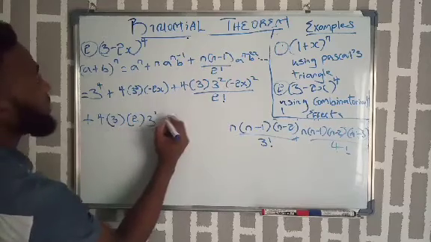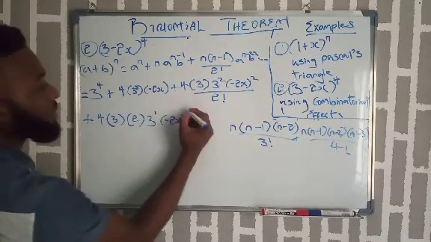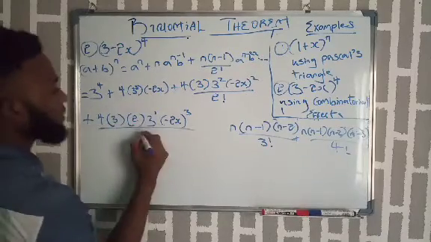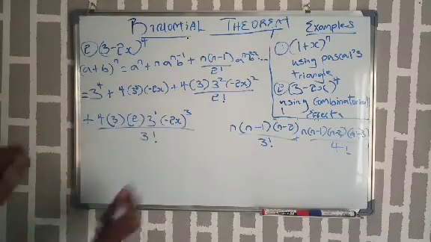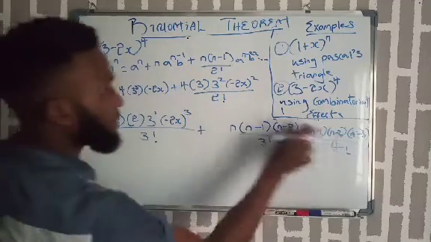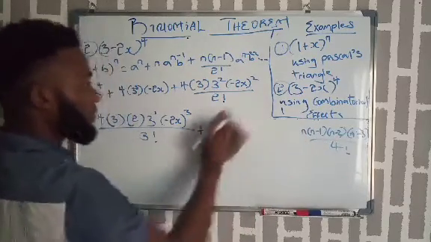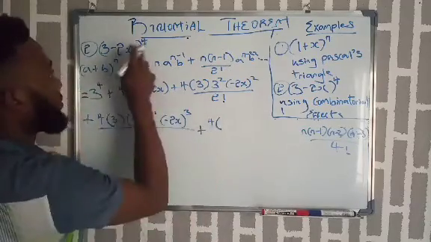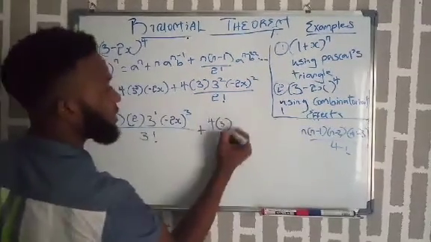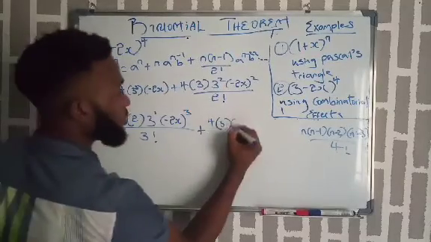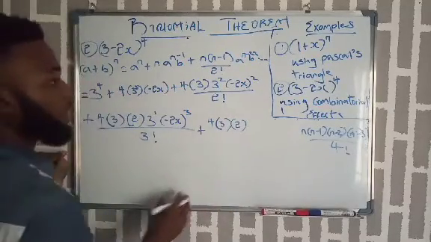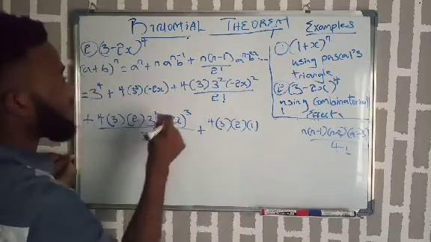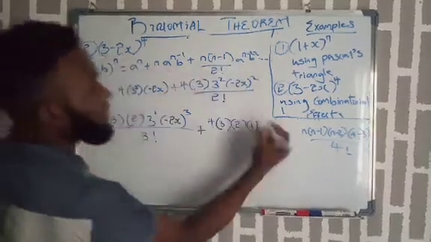Then b is minus 2x, now raised to 3, over 3 factorial. And the last one: n is 4 into 4 minus 1, which is 3, 4 minus 2, which is 2, then 4 minus 3, which is 1, and then we have a, which is 3.